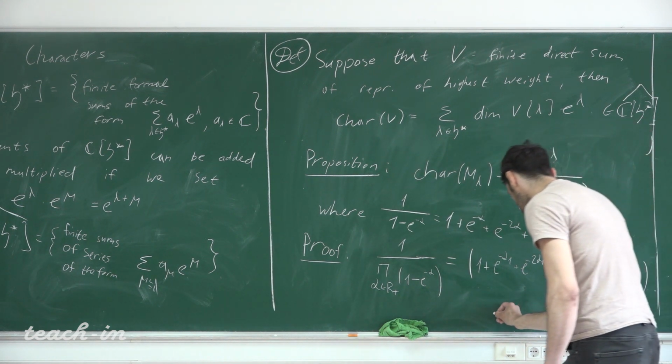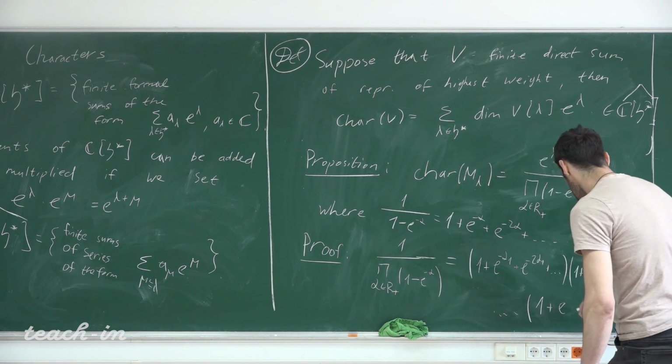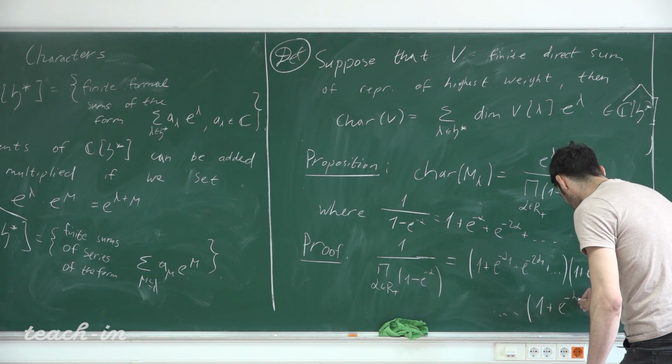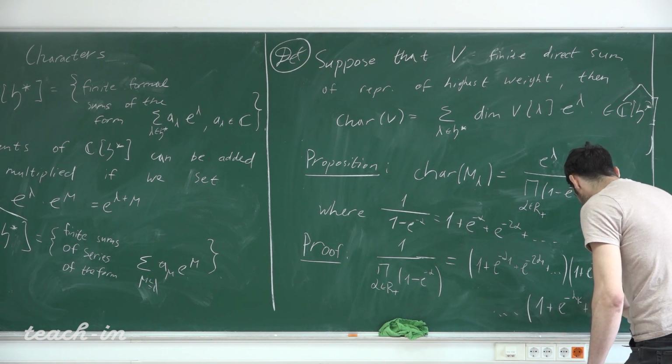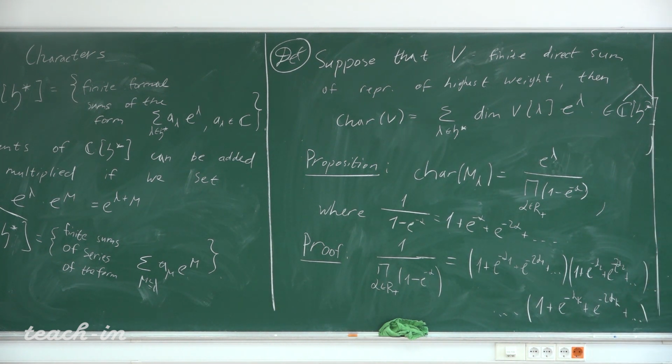And then you continue, and the last one is 1 plus e to the negative alpha k plus e to the negative 2 alpha k, and so on. So factors like that.